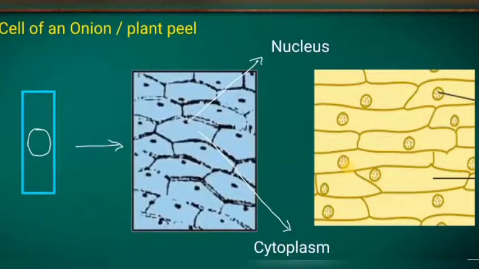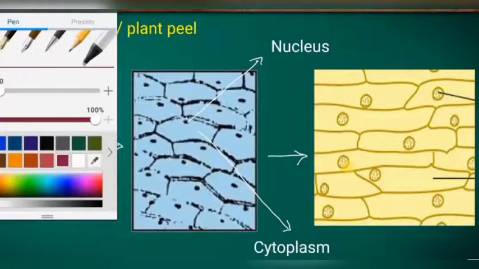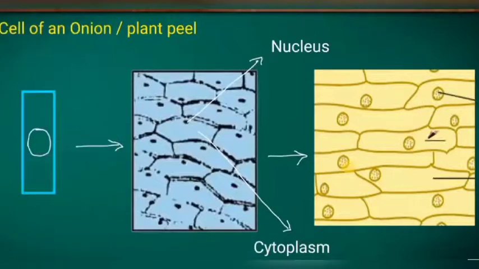Now let's see the next figure. Here you can see this kind of structure in the microscope. This round portion we consider as the nucleus, and this boundary is known as the cell wall.